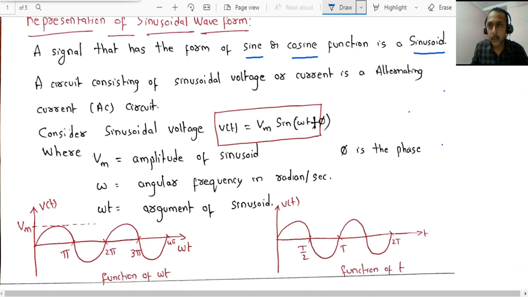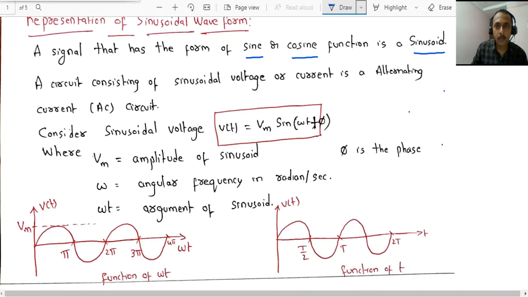It is important to understand that sinusoid does not mean only the sine wave. The cosine wave, the sine and cosine together, we can call a sinusoid. That means sin omega t is a sinusoid, and also cos omega t. Both come under sinusoid only.